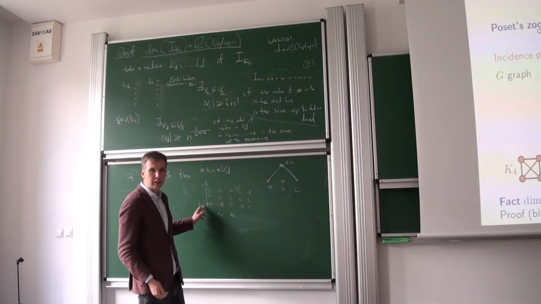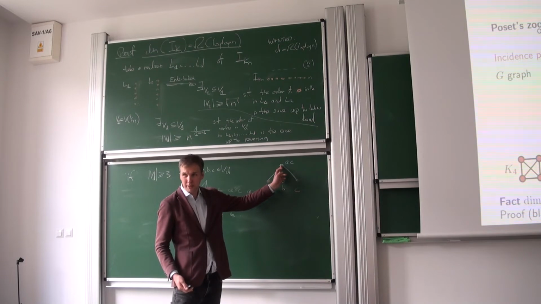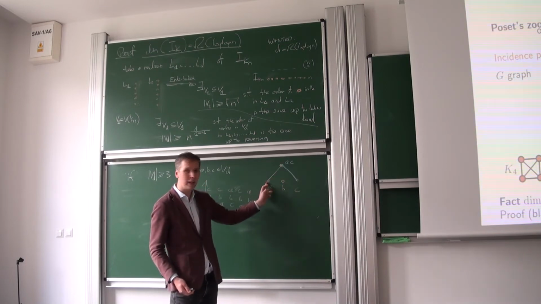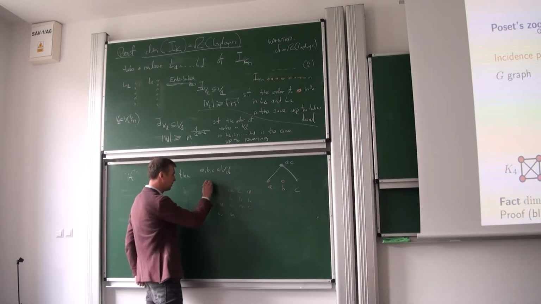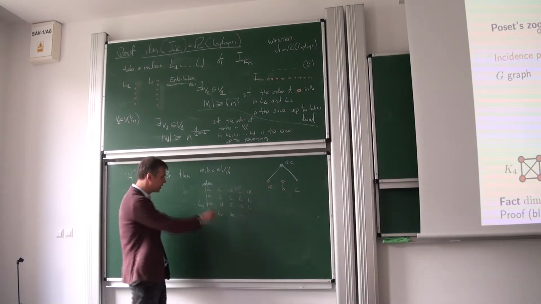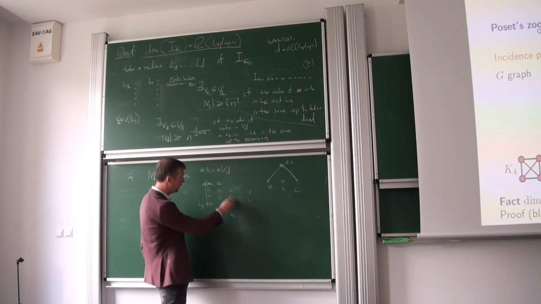L1 is a linear extension, so it has to respect the poset. So AC has to be above elements that are above in the poset. It has to be above A and above C. So it's somewhere here. Where is it in L2? Here. In L3, C, A. Here.